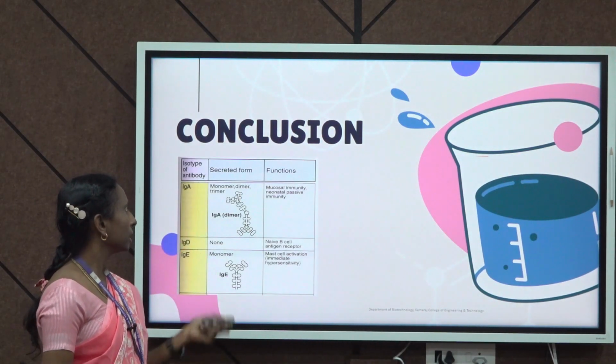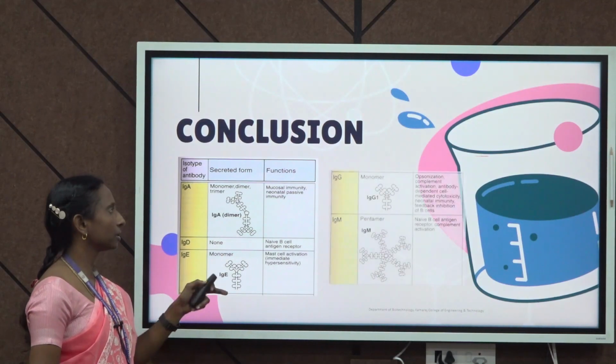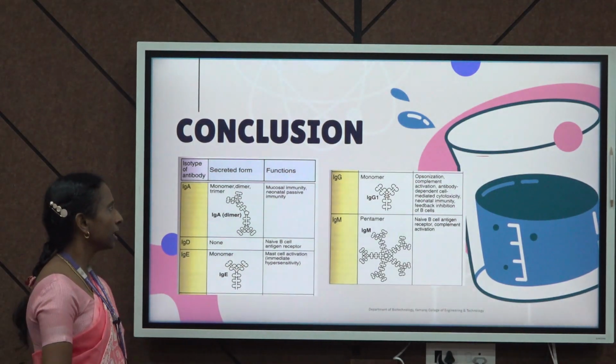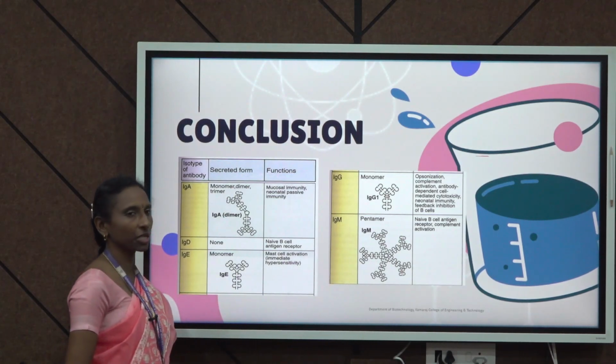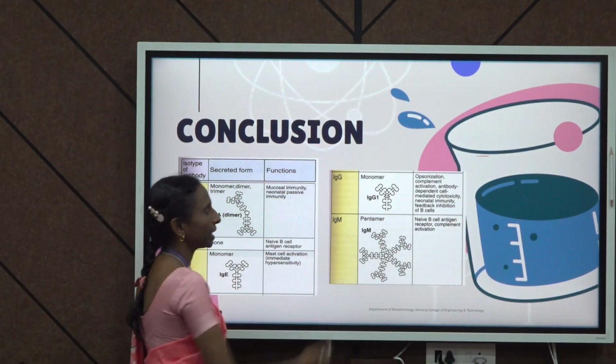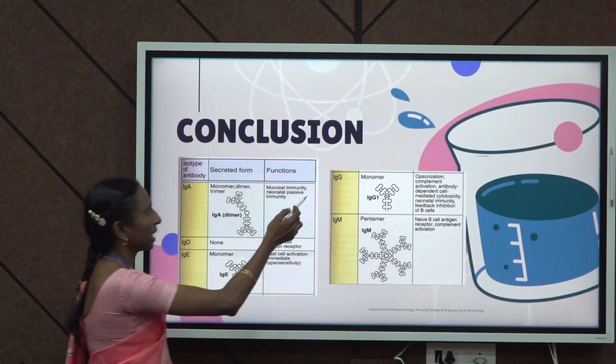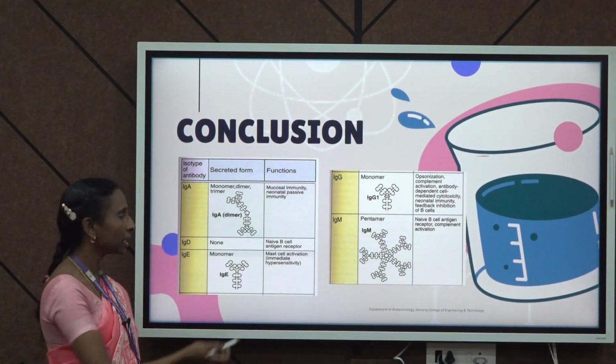So, to conclude, you can see here the different types of antibodies. Structurally, IgA and IgM exist as dimer and pentamer, whereas IgE and IgG are secreted as monomers.